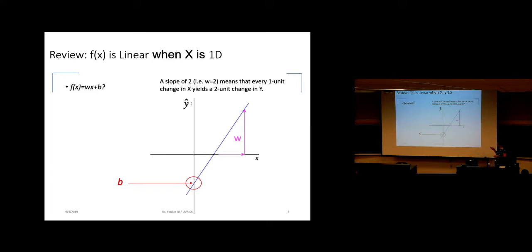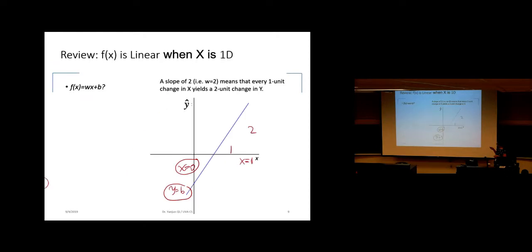If w equals 2, it means when x changes one interval, y changes 2 intervals. w is the slope, b is the intercept. It represents what y is when x equals 0. Very, very elementary, but in the end, this is it.